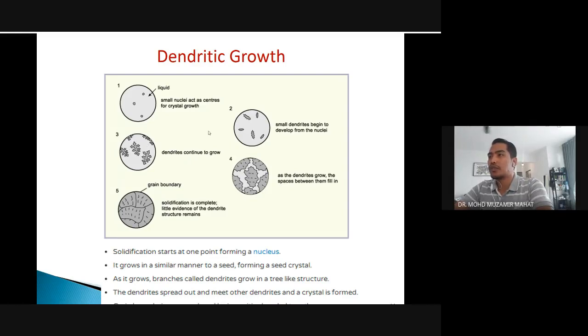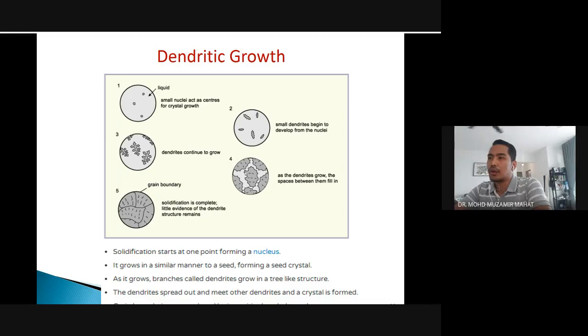Okay, so this is number 3. Sorry, I missed point number 2. Small dendrites begin to develop from nuclei. So from these small nuclei, they begin to develop, becoming small dendrites, and the dendrites continue to grow at stage 3. Meanwhile, at stage 4, as dendrites grow, the spaces between them fill in.